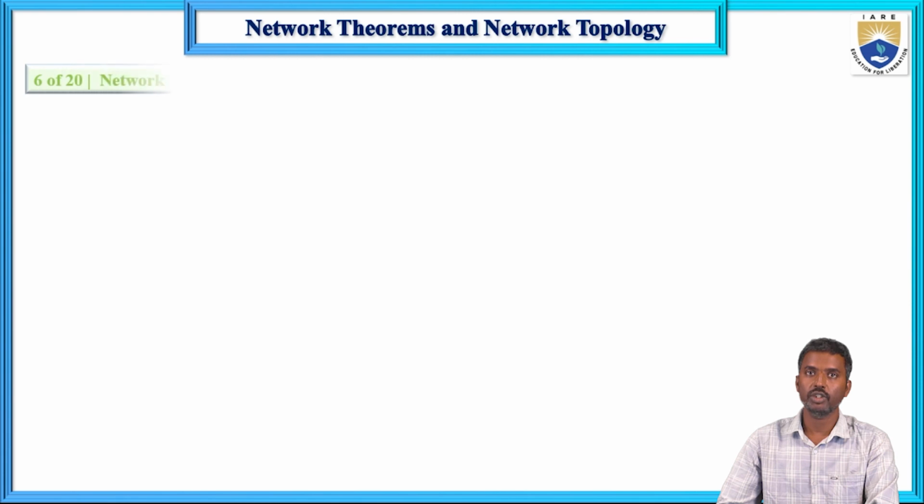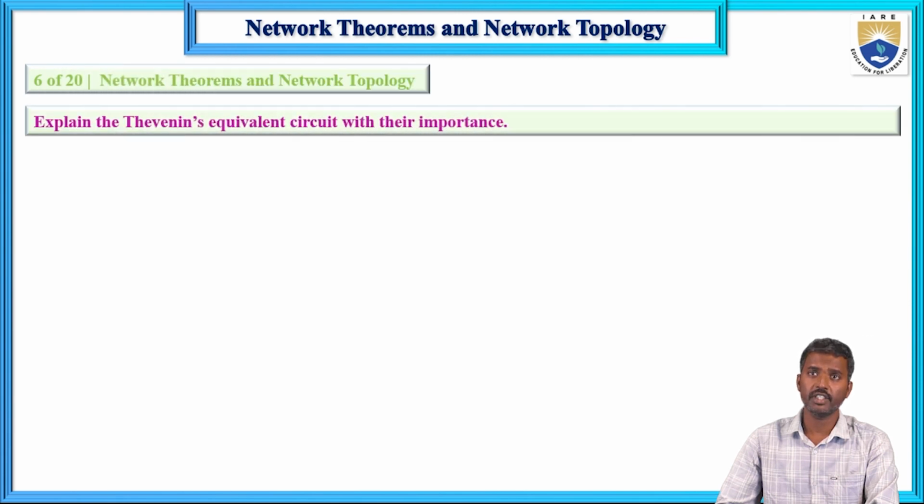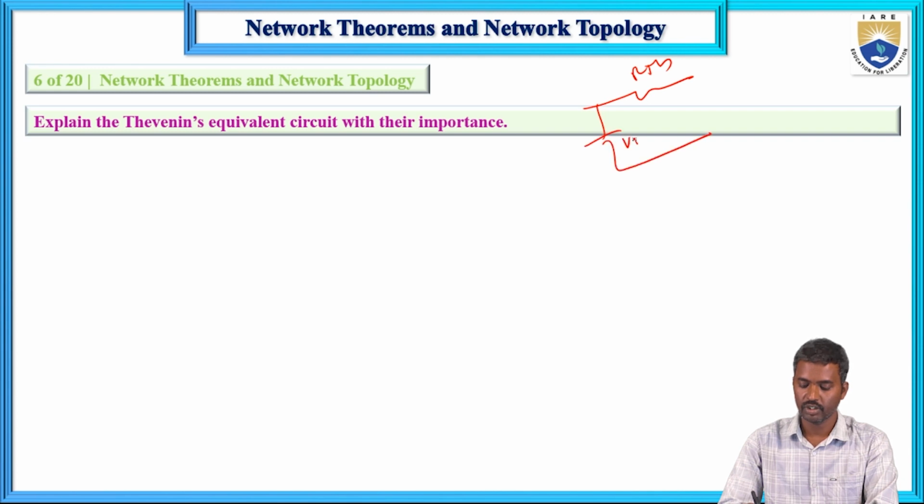Next, sixth question. Explain the Thevenin's equivalent circuit with its importance. This one is RTH, this one is VTH, and this one is RL. This is the Thevenin's equivalent circuit, a single equivalent circuit, a voltage source in series with a resistance. Any complex circuit we can simplify as a Thevenin's equivalent circuit.